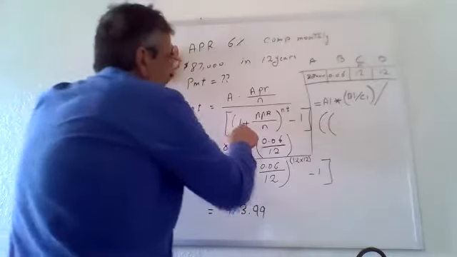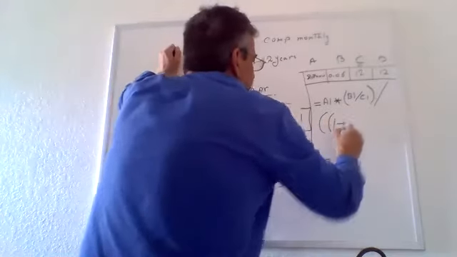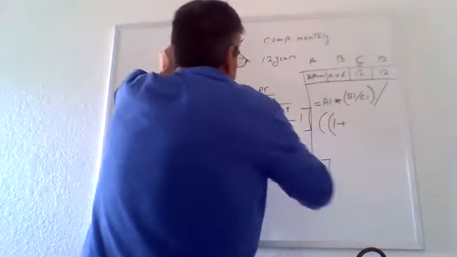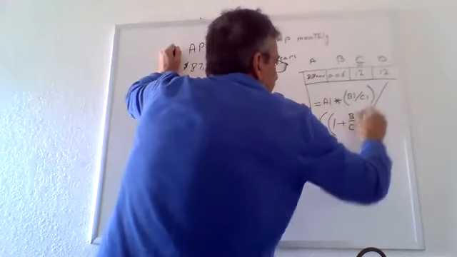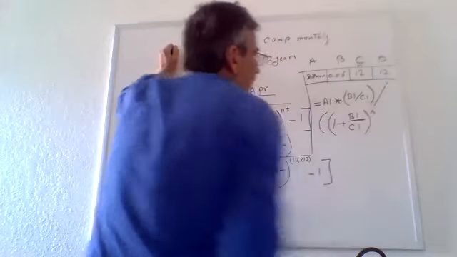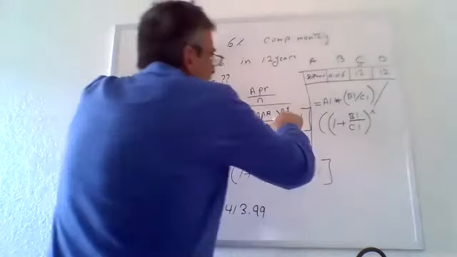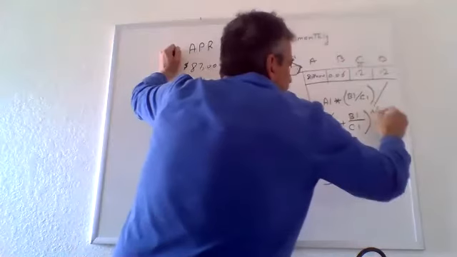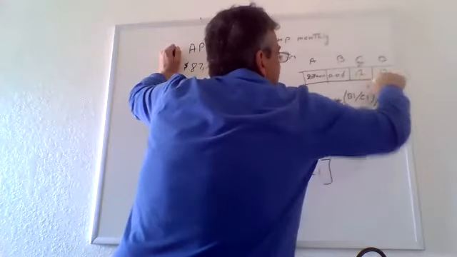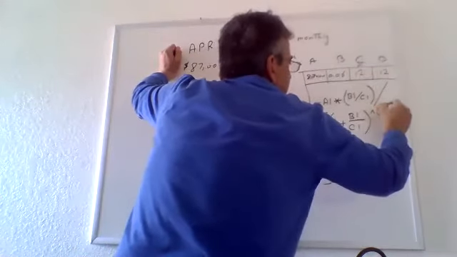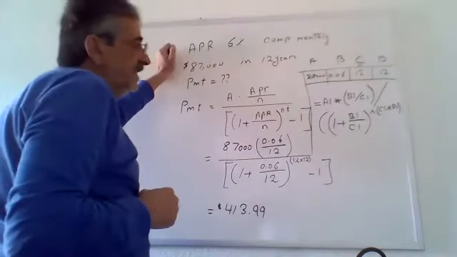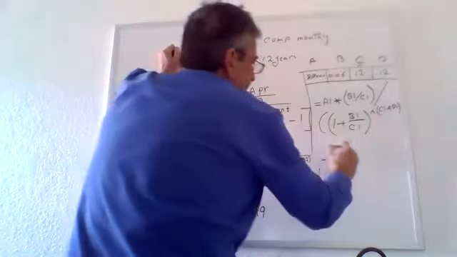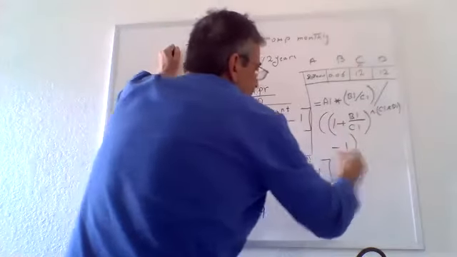In the first one, I'm going to put 1 plus B1 over C1, then to the power, of course, C1 times D1, close parentheses again, minus 1, close parentheses.